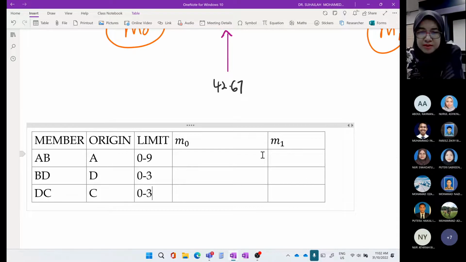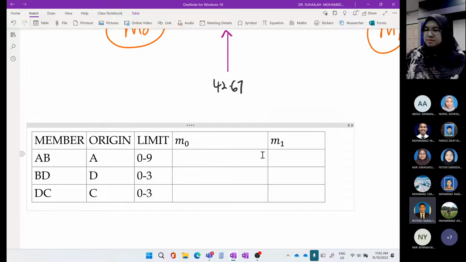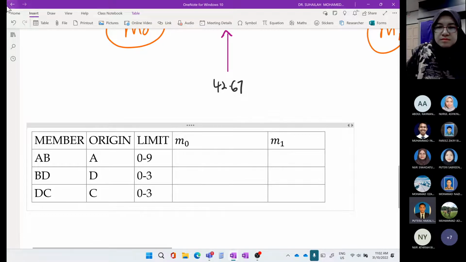Okay, class. Have you got the answer? M naught for primary system. Section number 1, AB, origin at A, limit from 0 to 9. What is the equation? M equal to 29.33x minus 4x squared. 4x squared, isn't it?